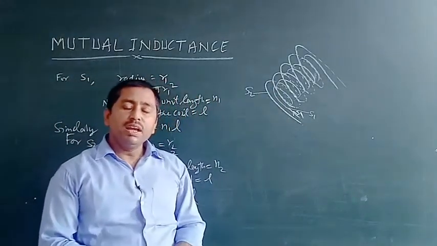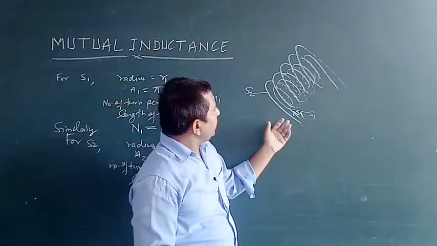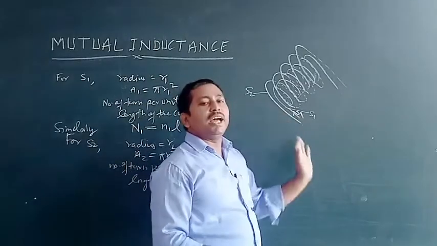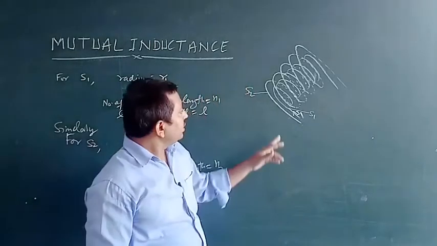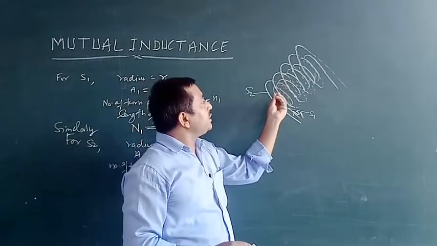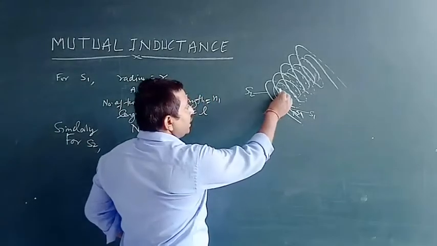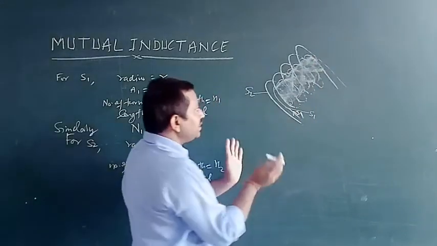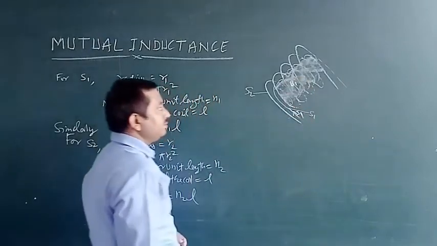Suppose that we maintain a particular current I1 through the inner coil, then what will happen? As we connect a particular current I1 through the inner coil, a magnetic field is created inside the first coil. The magnetic field generated in the area of the first coil can be represented by a particular value B1.